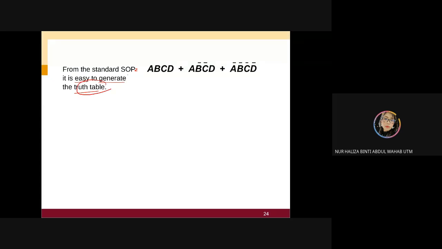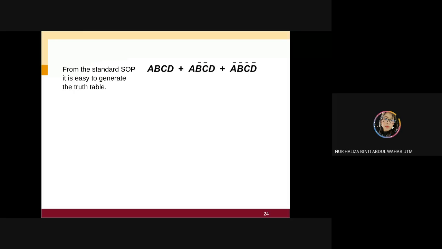So that's why you need to change to the standard SOP first. Let's say you were given F equal to AB plus ABC. This one is not standard. So how are you going to get the standard? How are you going to get your output for your truth table? So you need to change to the standard SOP first.